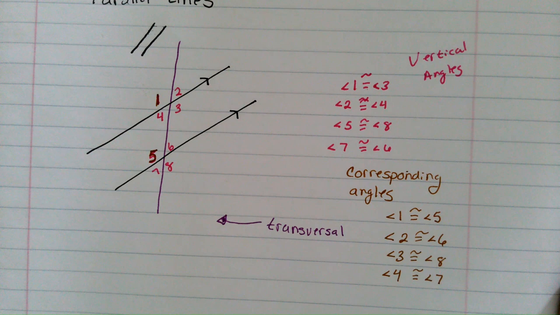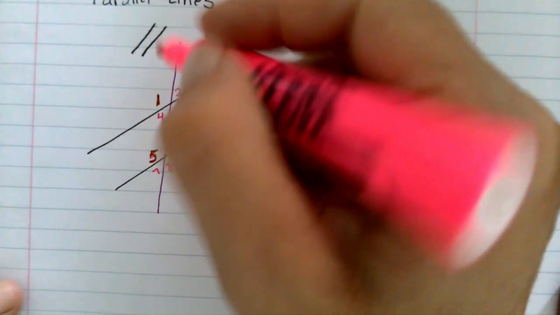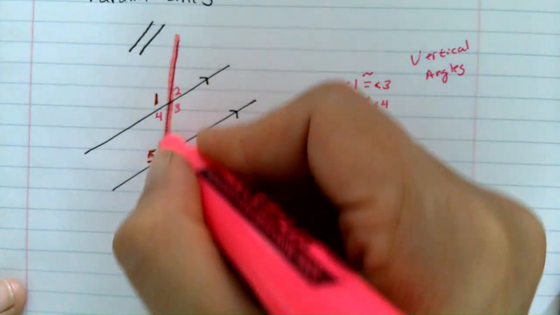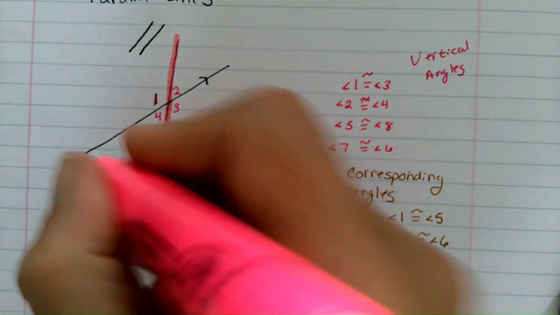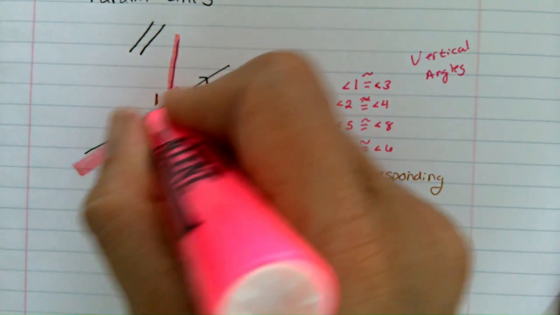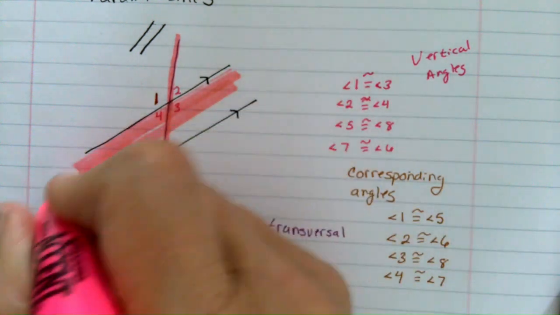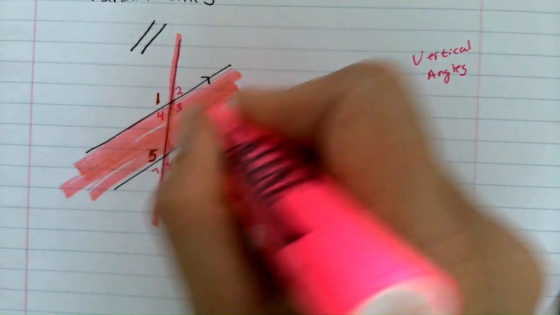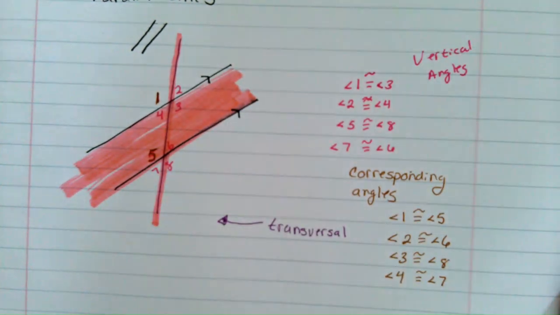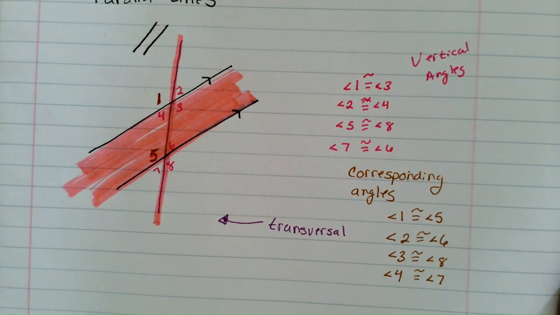Then you might also notice, I'm going to go ahead and highlight this. I'm highlighting the inside of the parallel lines. Everything between the parallel lines I'm going to call interior. Everything outside of it I'm going to call exterior.